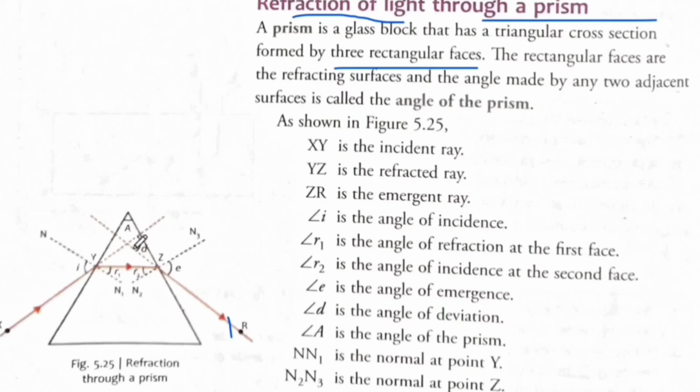So students, this is the angle of deviation. And if we add up the value of the angle of incidence and the final angle of emergence, then the sum of these two angles will be equal to the sum of the angle of deviation and the angle of the prism.